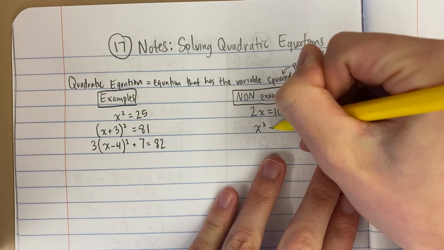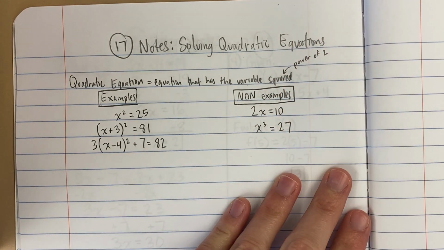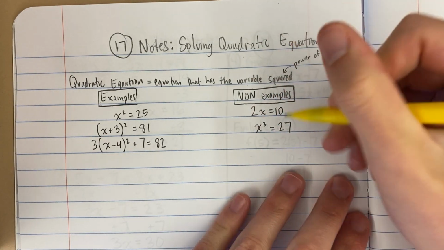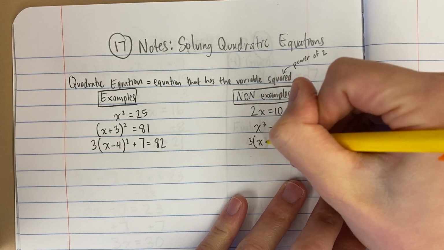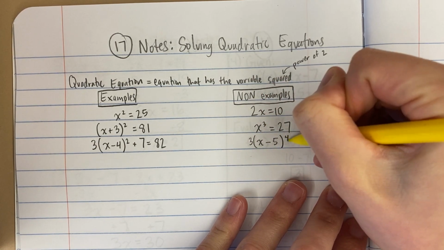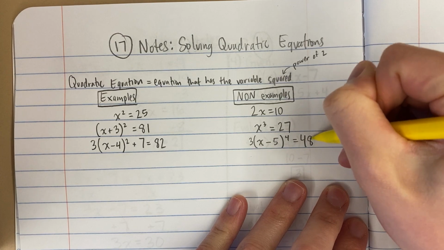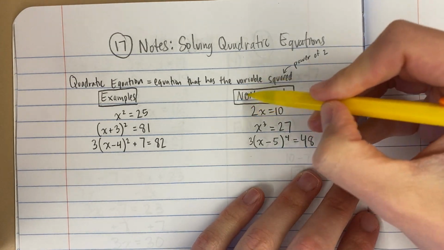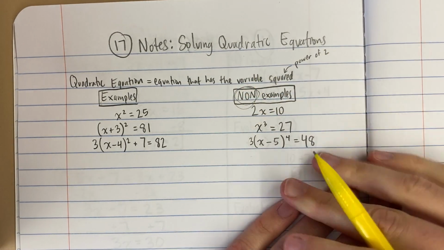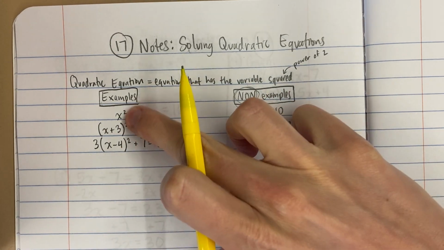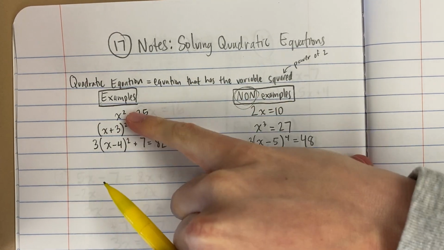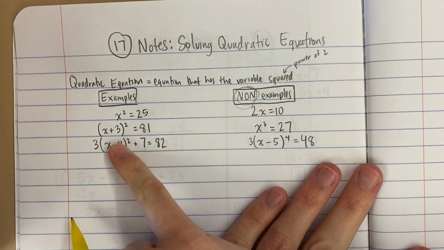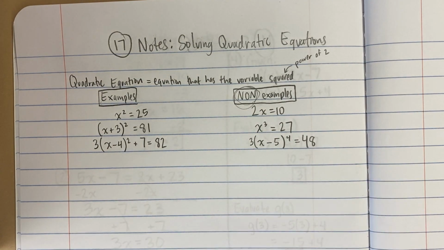These strategies won't work if it's cubed, like this, where it's to the power of 3, or if there's a power of 4. These are all not quadratic equations. These are non-examples. So the strategies that we learn today are only for when we have something like this, where some part of the equation that has a variable in it is squared.